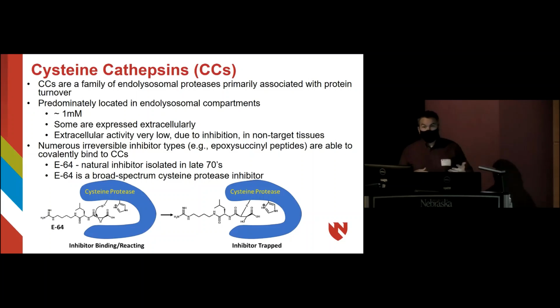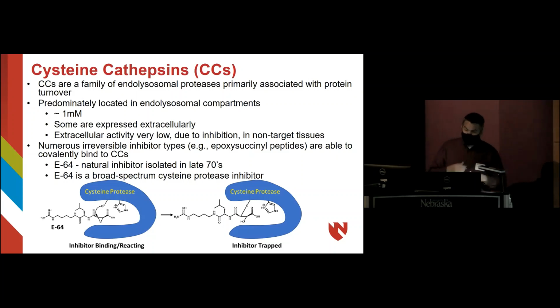So over the decades, people have developed irreversible inhibitors. So what I mean by irreversible, once they bind, that's it. They completely shut down the enzyme. So they've developed irreversible inhibitors such as E64. So E64 is shown here. It has an arginine-like amino acid next to a leucine, and then it has an epoxide ring.